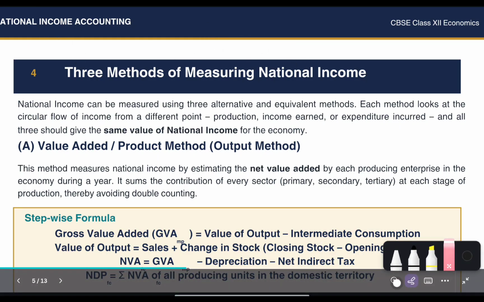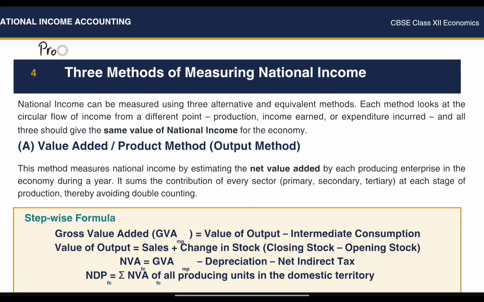First of all, remember only one thing: wherever any good is produced in any country, that production results in income, and that income results in expenditure. It is a very simple process, and it is the base of our calculation of national income.